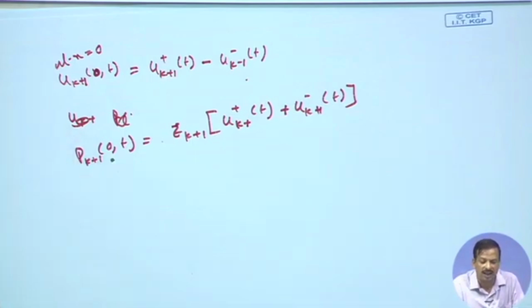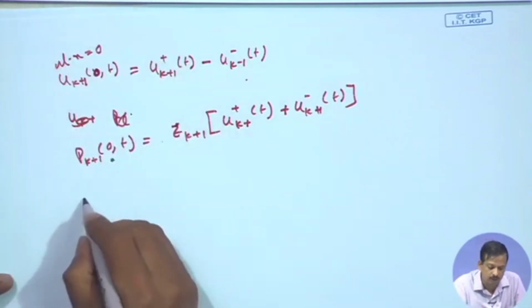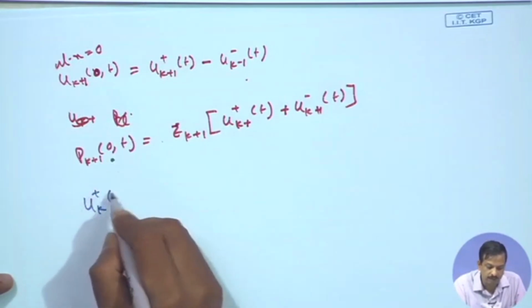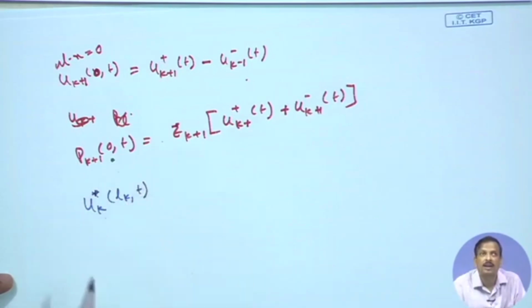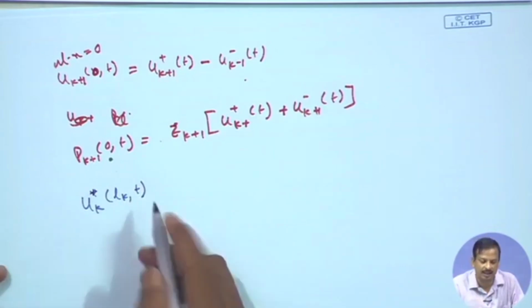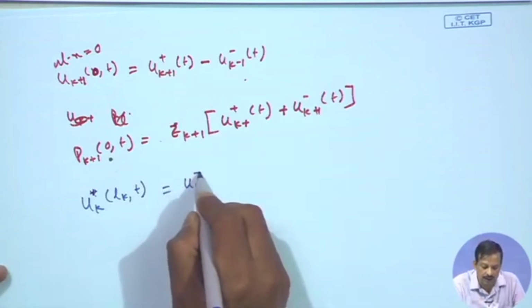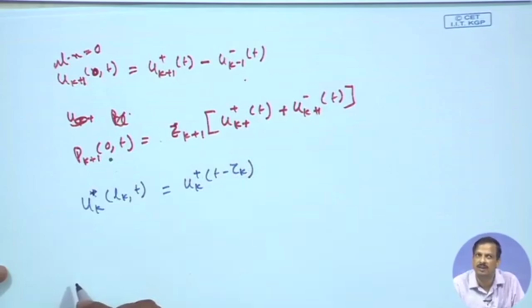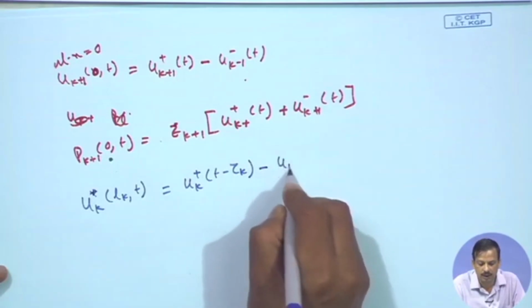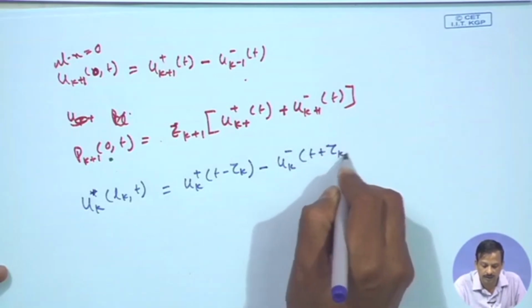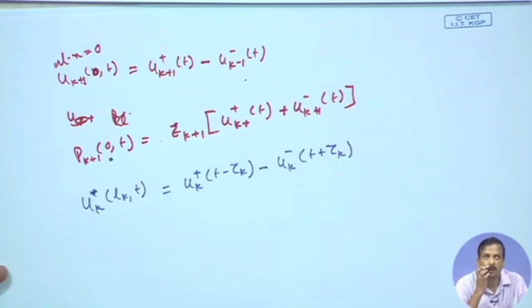At x equal to L at the kth tube, u_k at the end of the kth tube, u_k(L_k, t), is nothing but u_k plus (t minus tau k), where tau k is L_k by c, minus u_k minus (t plus tau k). Okay or not.